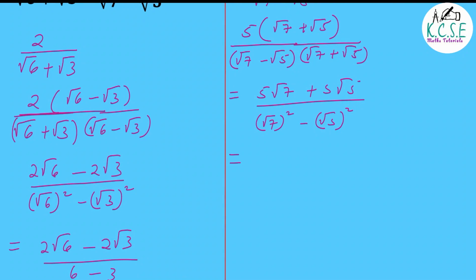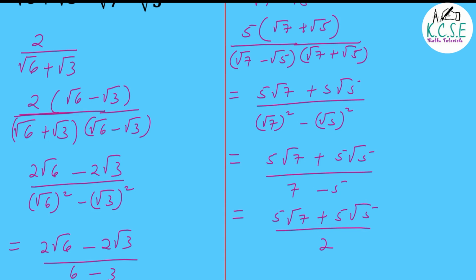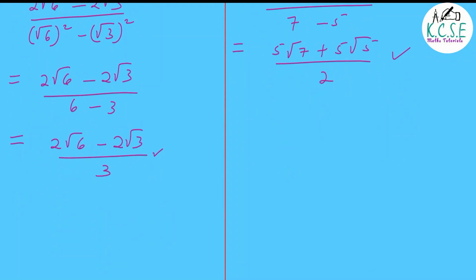This simplifies to 5 root 7 plus 5 root 5 divided by 7 minus 5. You get 5 root 7 plus 5 root 5 divided by 2. So this is the other fraction that you get.